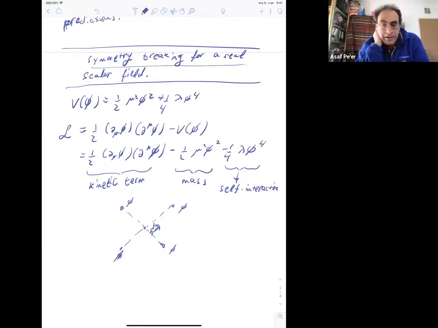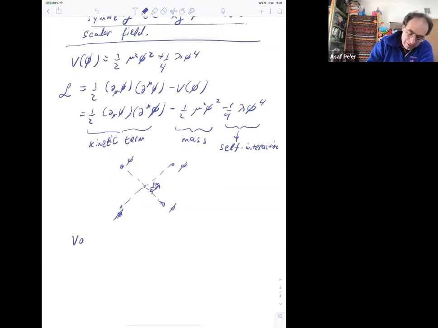Now the vacuum state is the lowest energy state of the field, and this should correspond to the minimum of the potential. So let's write it down. Vacuum state corresponds to the minimum of the potential.